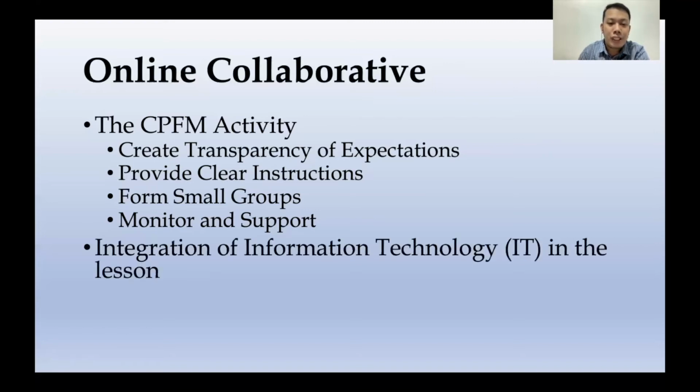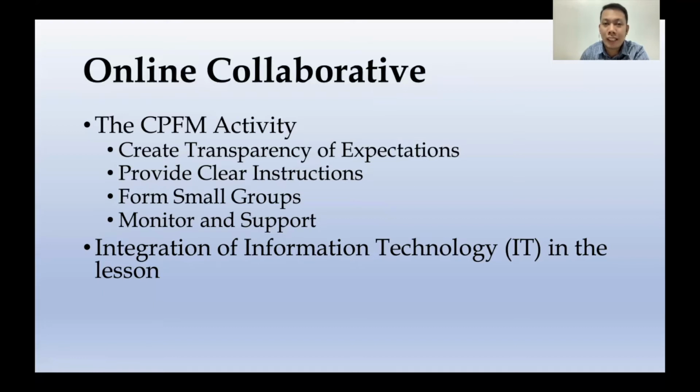Another is the integration of information technology or IT in the lesson. Integration of IT in the lesson may include, let's say, utilization of Google Classroom or the Facebook Messenger room, or different online platforms.